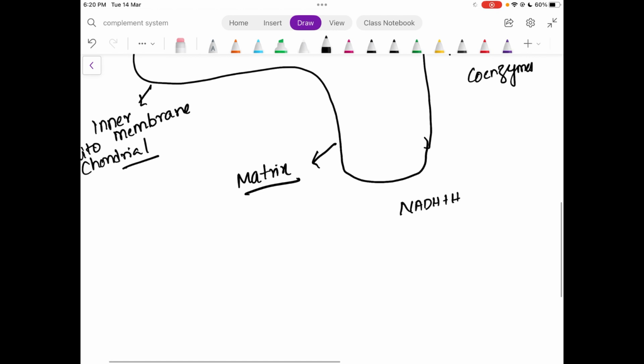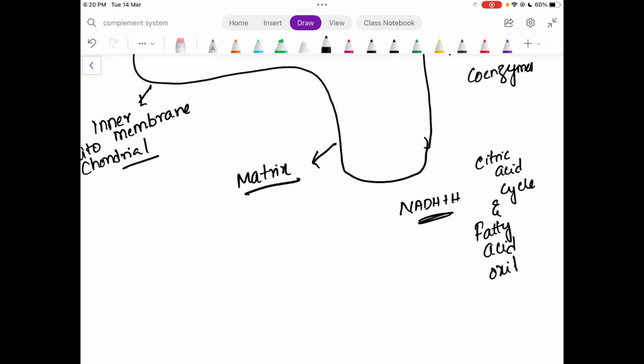NADH will be produced. From where do you get this NADH? Mostly from citric acid cycle and through fatty acid oxidation, you'll get NADH.